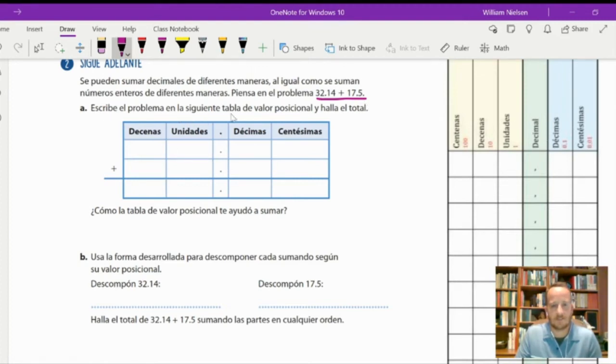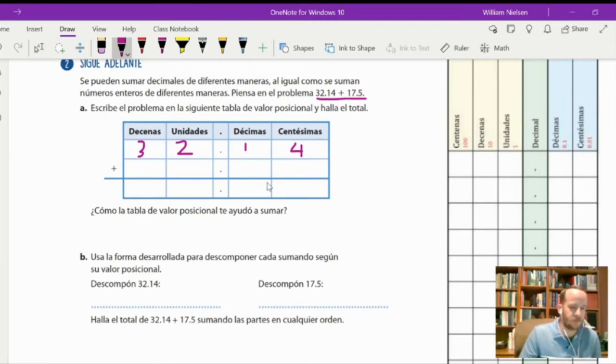Escribe el problema en la siguiente tabla de valor posicional y ahí ya el total. ¿Ok? Decenas y unidades, fácil. Vamos a empezar con 32 y 14 centésimas. Sería así. ¿Ok? 3 está en decenas, 2 en unidades, 1 décimas, 4 centésimas. ¿Ok?